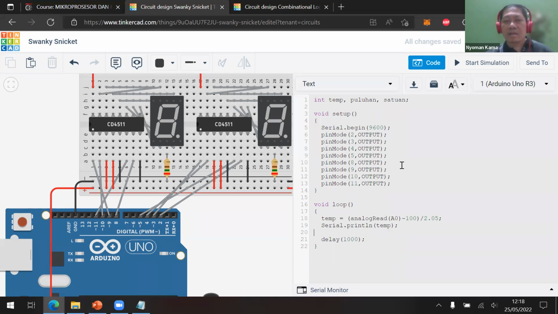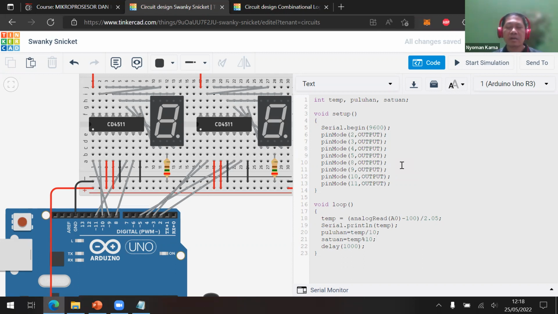Okay, and then puluhan is temperature divided by 10. And then satuan is temperature modulo 10. Okay.